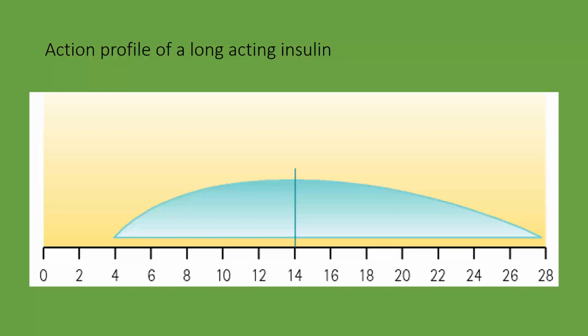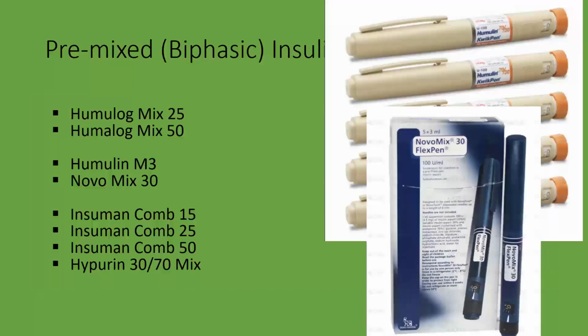And then you get mixed ones. The popular mixed ones are Humulin M3 or 70-30. So 70% intermediate acting and 30% short acting, or Novomix 30. Novomix 30 has got 70% intermediate acting and 30% ultra short acting or rapid acting.